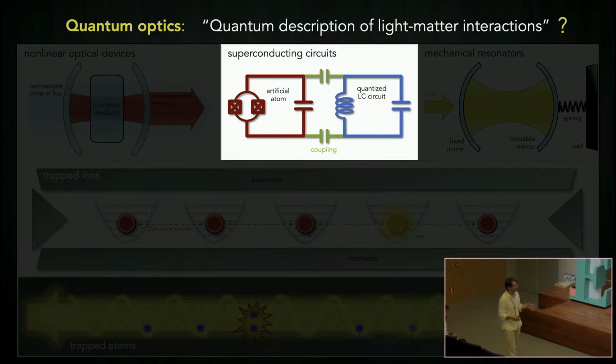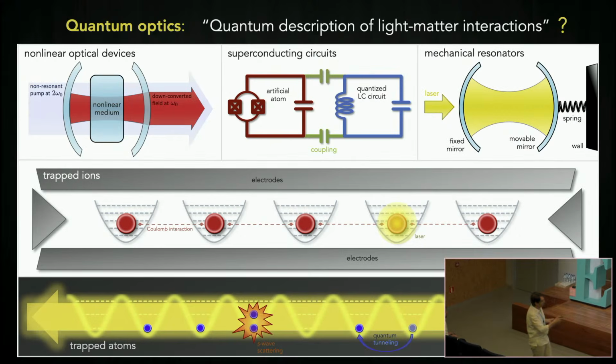I will introduce them later in more detail, but still, you can apply all the theoretical tools and experimental tools of quantum optics to this kind of system. So this is just to convince you that this old-fashioned description of quantum optics as the quantum description of light-matter interaction is a little bit outdated.